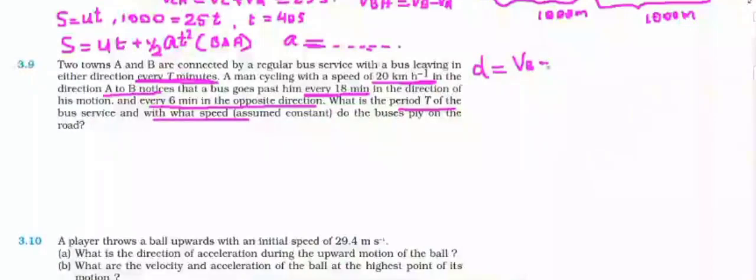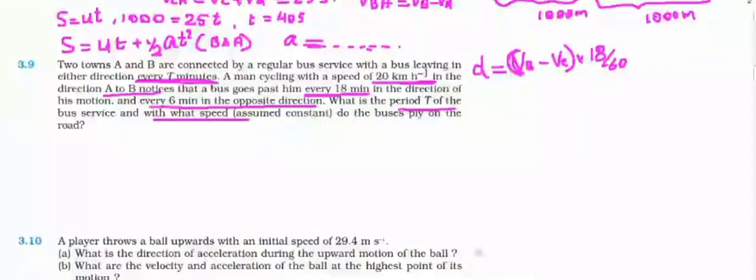Relative velocity of the bus with respect to the cyclist, as both are in the same direction, VB minus VC, into time taken. Time taken after every 18 minutes, so I will write 18 by 60 hours because the velocity is given in kilometer per hour. So this is the distance traveled by the bus between two successive overtakings of the cyclist.